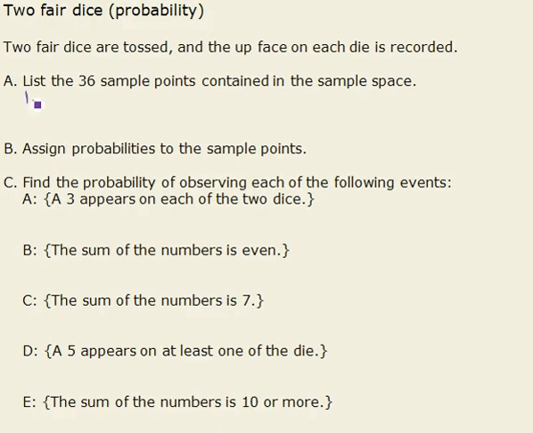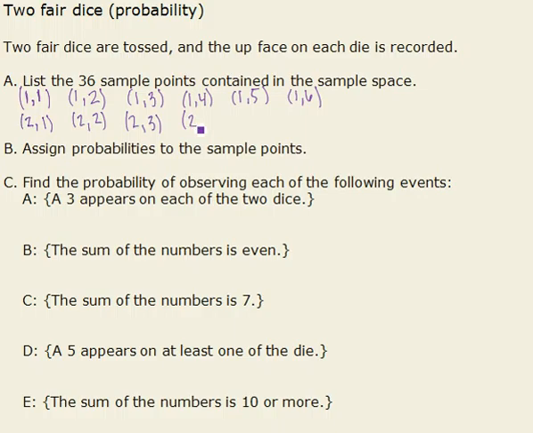Well, if a 1 is tossed, then another 1 could be tossed. Could be 1,1, 1,2, 1,3, 1,4, 1,5, or 1,6. You can continue this pattern choosing 2 as your starting point, or 3, or 4, then 5, and then 6.